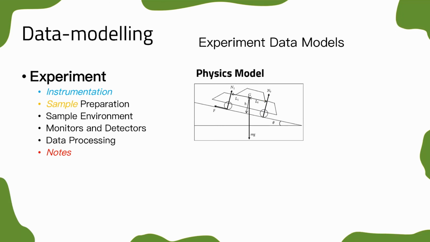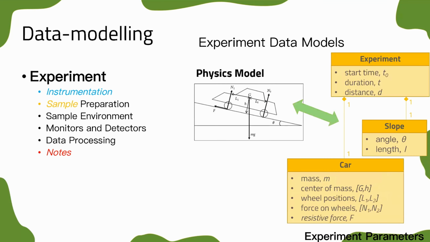First, we always start with an idea of the experiment, and this we most of the time express in a physics model. Here we are using physics terms, that's what we call the experiment parameters, where we structure that in this experiment we will need slope, we will need car, and these are the different properties that we will need.